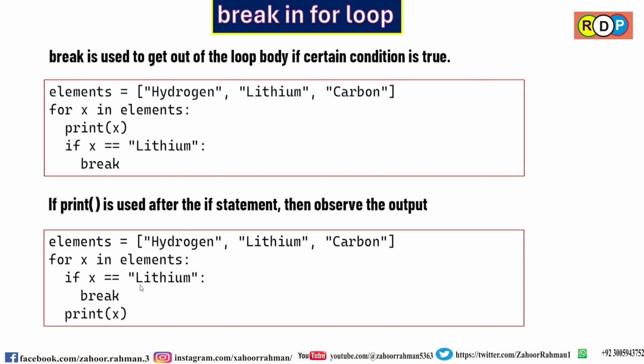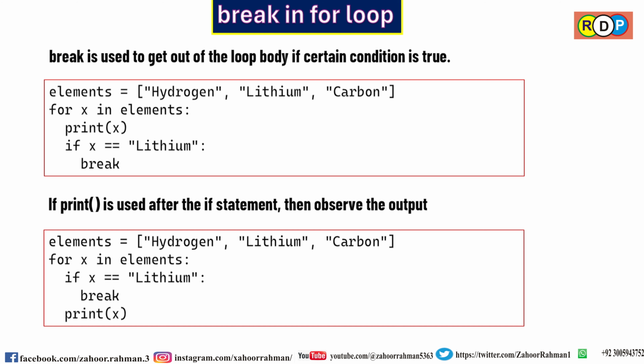It will not print the lithium. As in the previous case, lithium was printed and the sequence was then broken, but in this case lithium is not printed and the sequence has been broken. So be careful while using the if statement with the break statement.